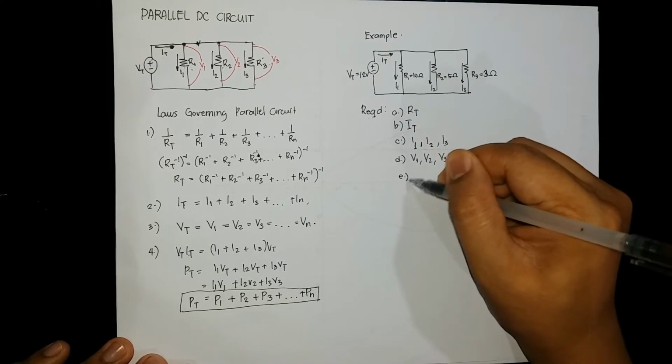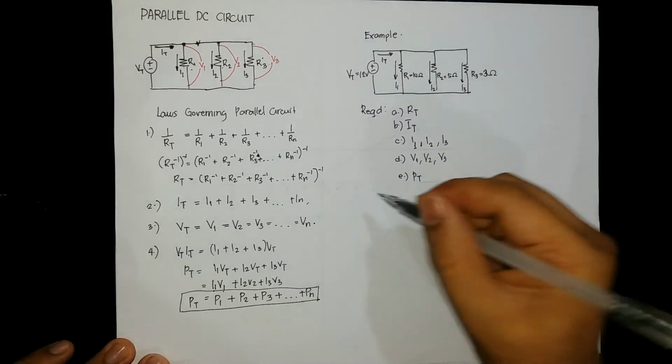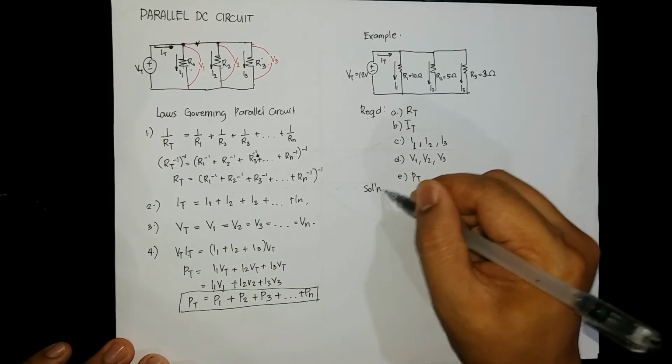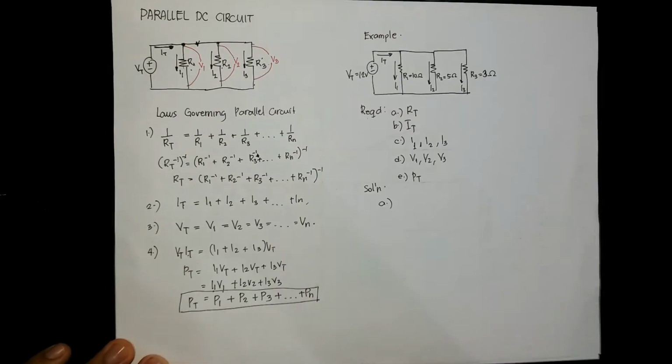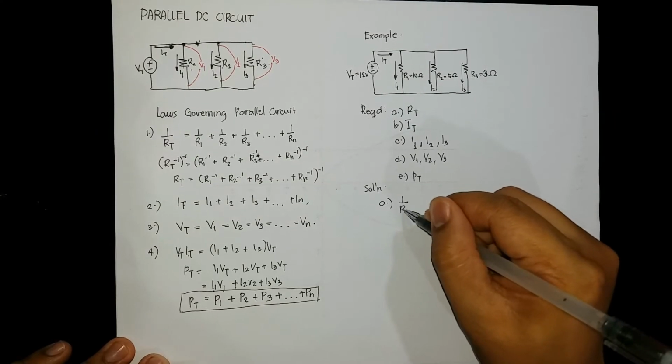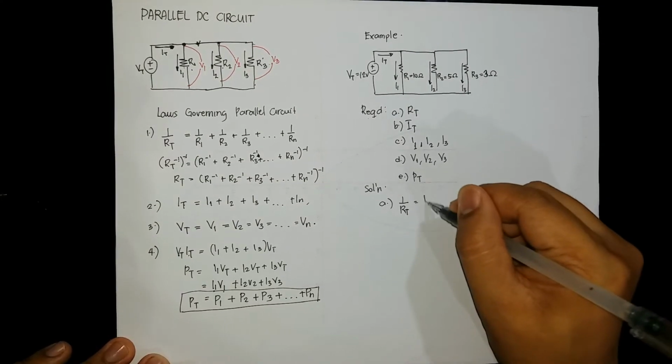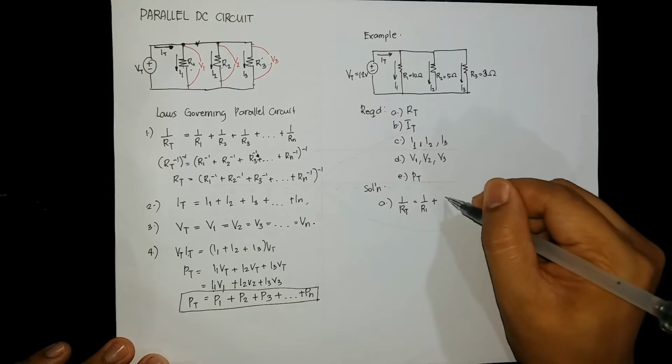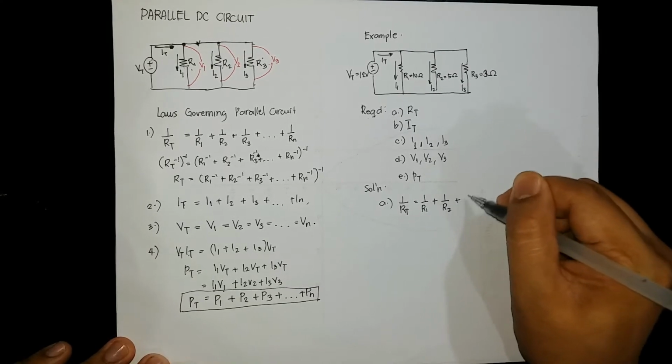Then E, to solve for the total power. So the solution will be for A, the total resistance, or the reciprocal of the total resistance is equal to the sum of the reciprocals of its resistances.